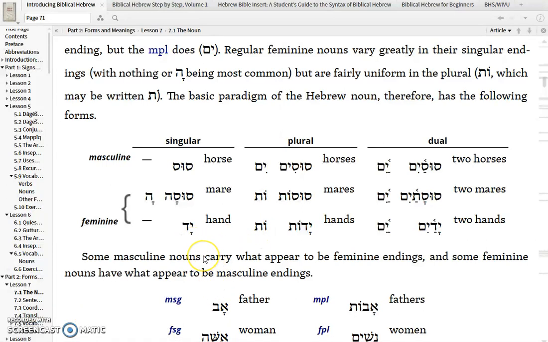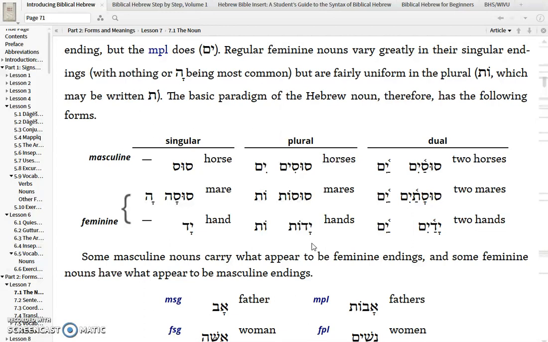Now the dual most commonly occurs with body parts that come in pairs. So here you have the word yad, which means hand. And it happens to be a feminine, I should say, even though it doesn't look like it. So it's listed here as a feminine noun, even though it doesn't have a kamatz he feminine ending or a T feminine ending. But when you make it plural, it shows up as a feminine, and you get yadot.